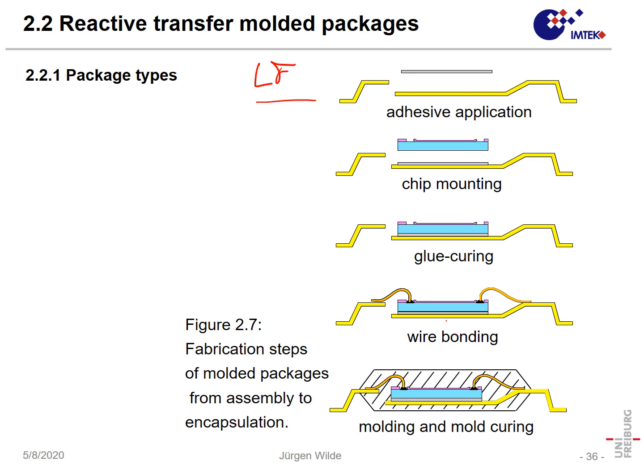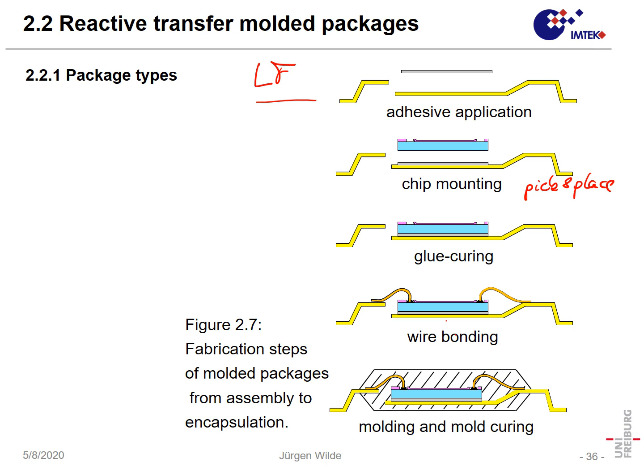That adhesive is typically printed in some way. It can also be inkjetted. We put on the adhesive. Then the chip is mounted. We call this also pick and place.